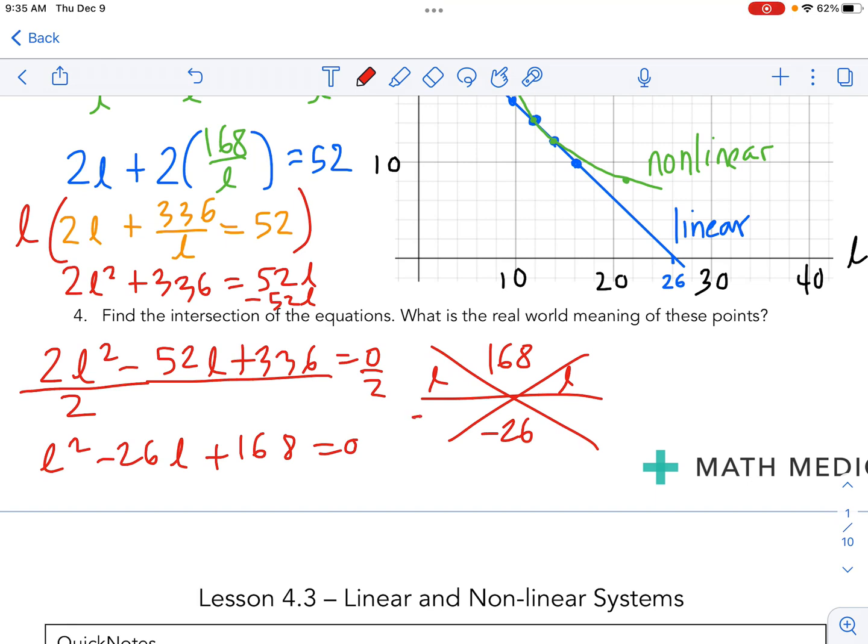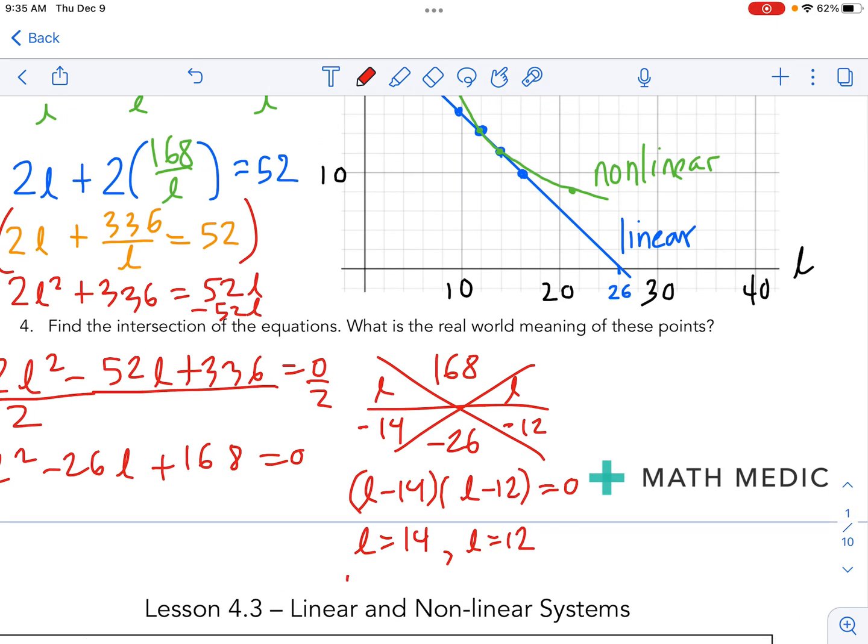It must be two negative numbers, right? And so we got negative 12 and negative 14. So we get L minus 14, L minus 12 equals 0. So we have L equals 14 and L equals 12.